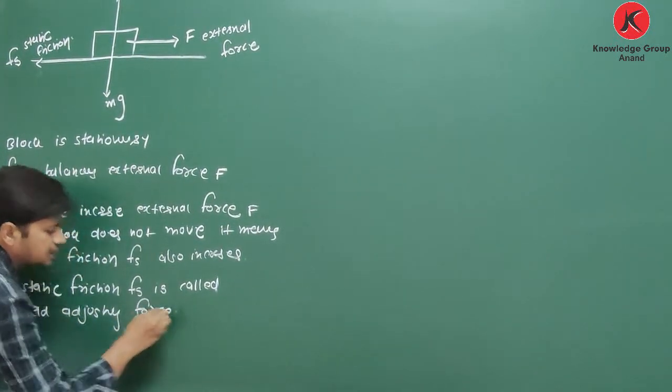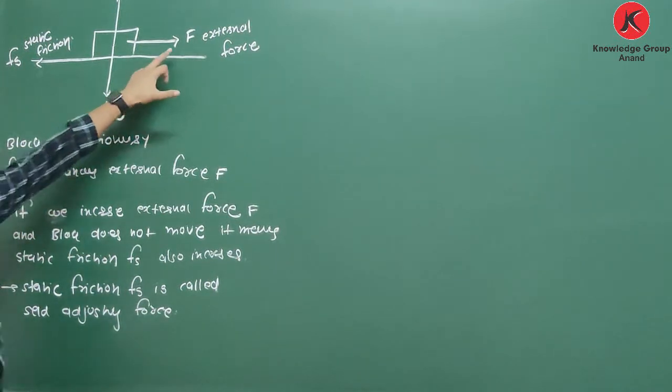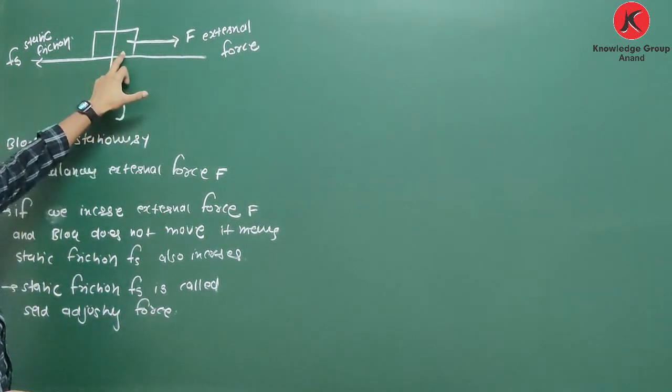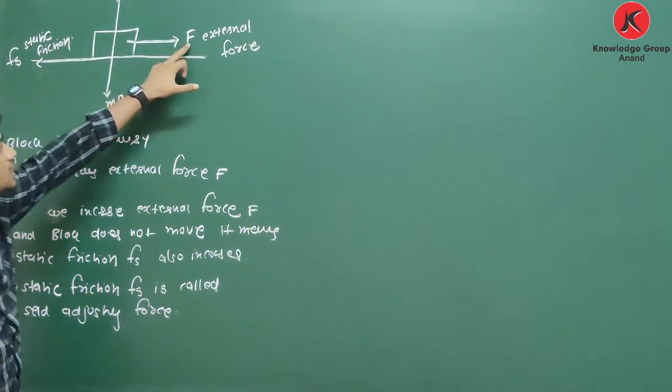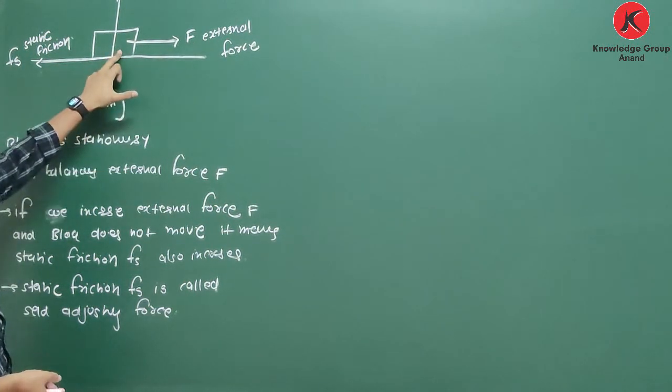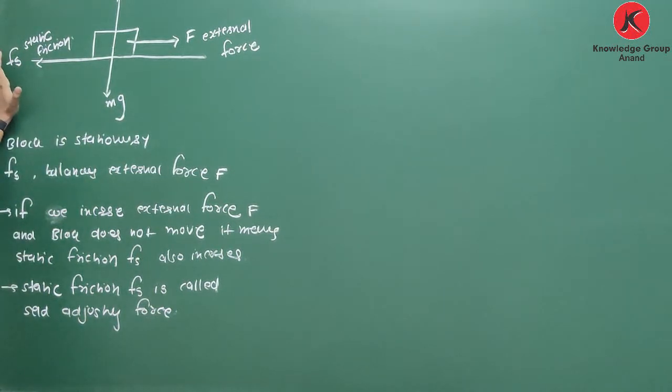Why self-adjusting force? As external force increases, the block does not move, and the friction force increases. Clear about this? So yes, that's why it is called a self-adjusting force.